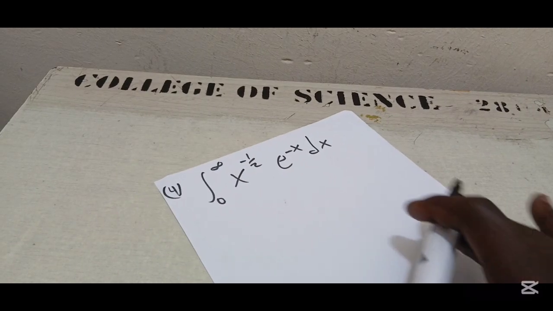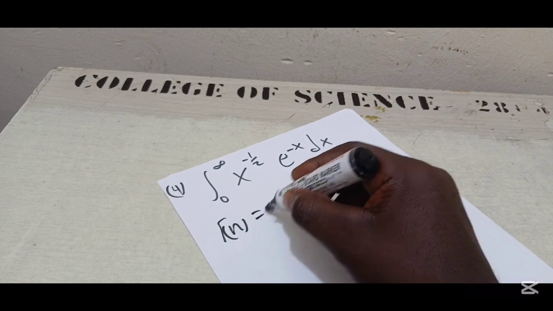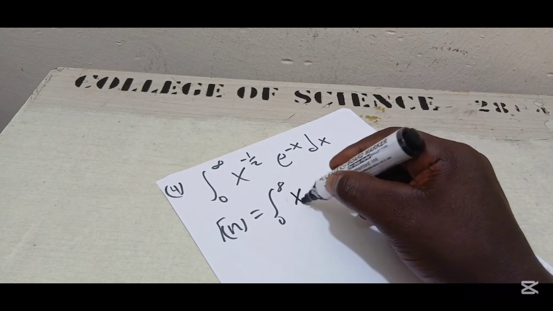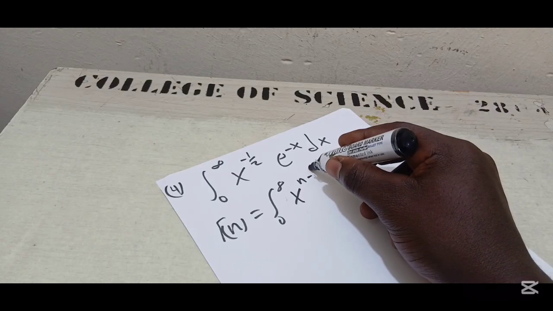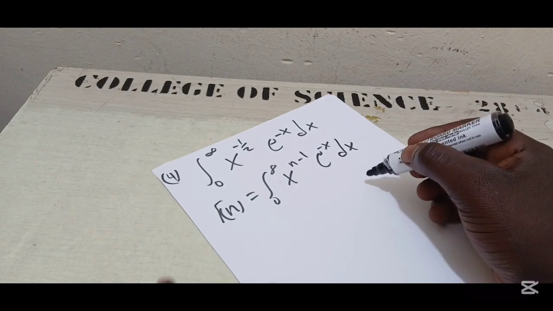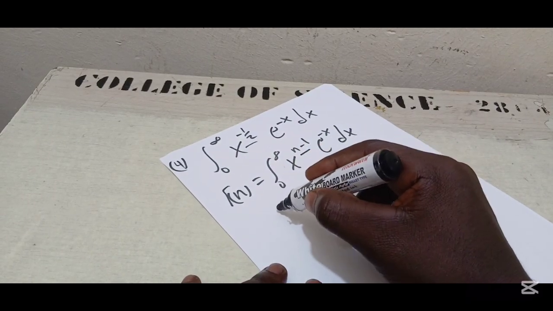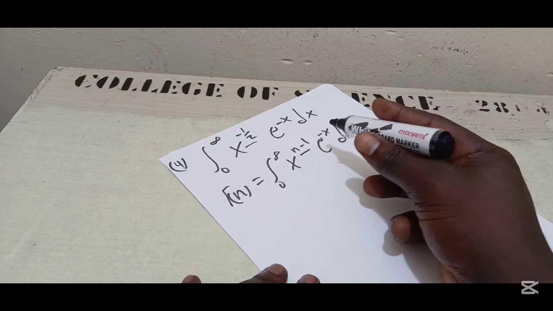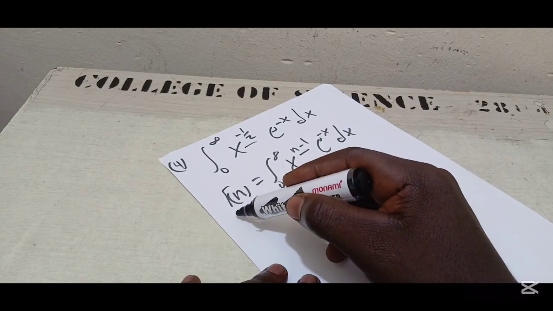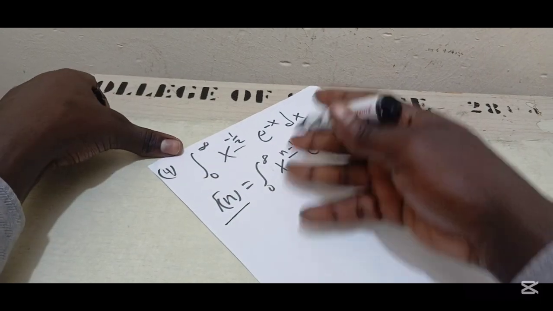So looking at this, we know for the general formula, gamma n equals the integral from 0 to infinity of x to the power n minus 1 e to the power negative x dx. Comparing the powers of x to calculate our n so that we can go ahead and look for gamma n, forgetting everything here.